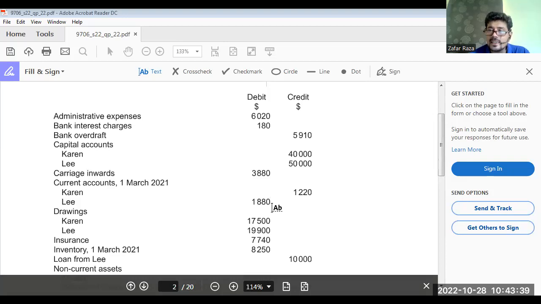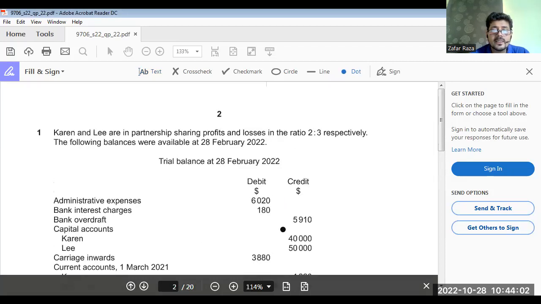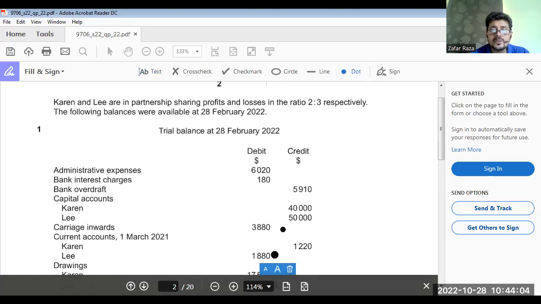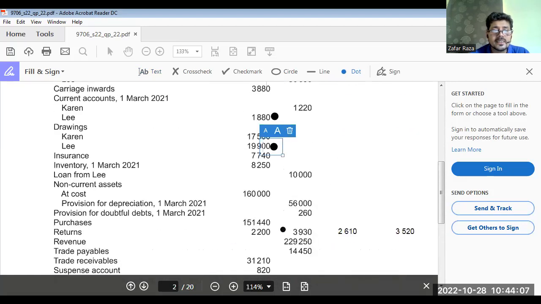It means he has taken more than his anticipated profit. So his current account balance is 1,880 on the debit side. The drawings are 19,900, and this is debit, this is drawings. Profit sharing ratio is 2:3, nothing else.